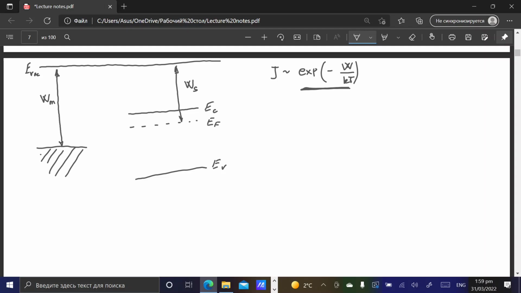So these excessive electrons will form some negative space charge in the pre-interface region in the metal. It will be quite a narrow region because the concentration of charge carriers in metal is very high anyway. However, there will be some excessive electrons.